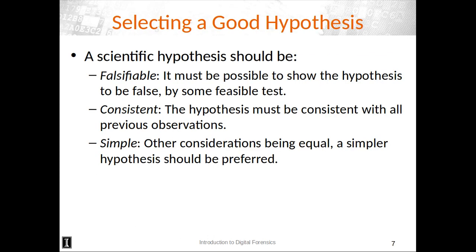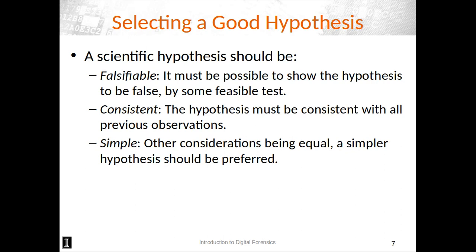Okay? So as I promised, how do you select a good hypothesis? A scientific hypothesis should be the following things. It should be falsifiable. It should be consistent, but it should be simple. Falsifiable means that it must be possible to show that the hypothesis is false by some feasible test.